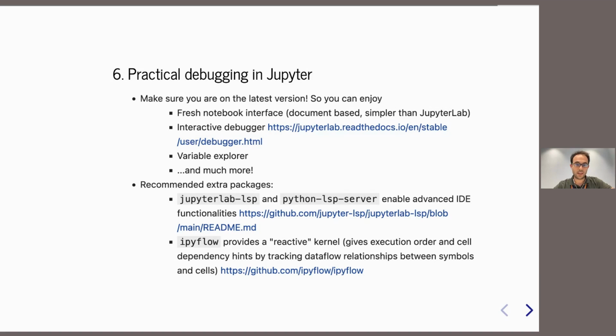And then a package that I discovered quite recently, although it has been going for some years, as far as I know, is ipyflow. So ipyflow provides a so-called reactive kernel. And this reactive thing means that it can detect when one cell depends on another, for example, or when you change one cell, it can tell you to run other cells that depend on it.